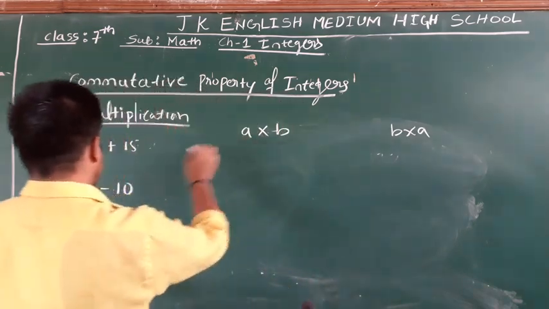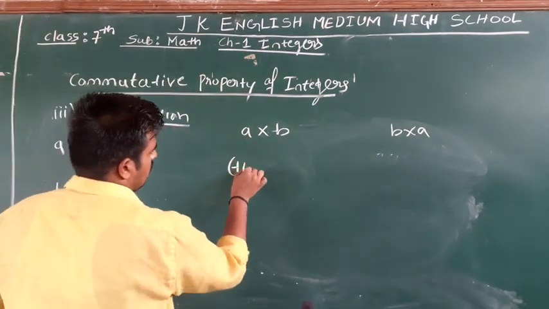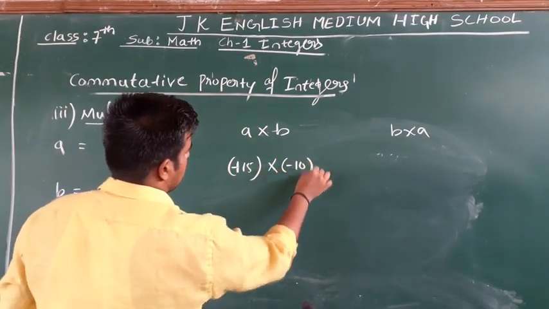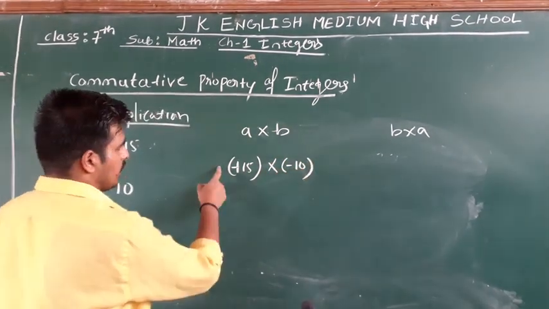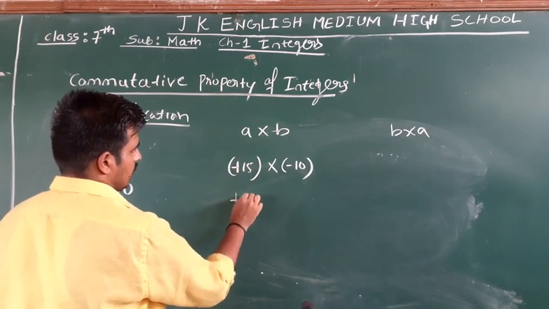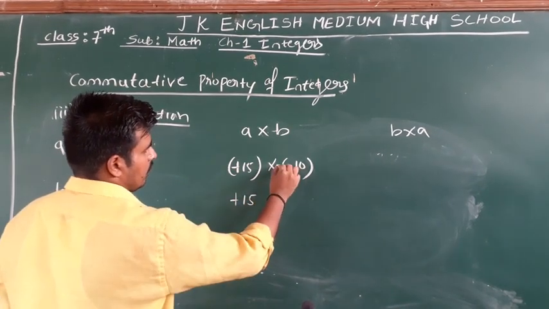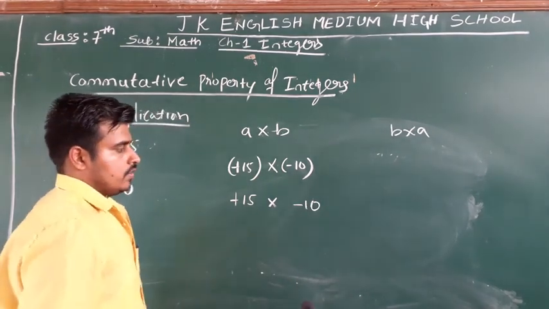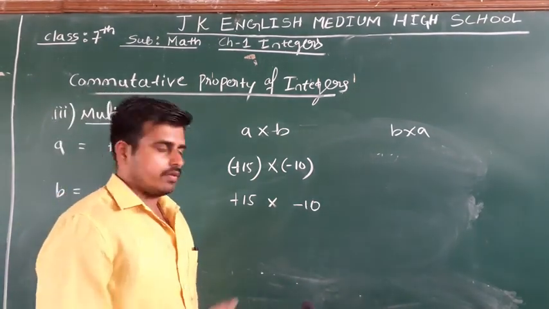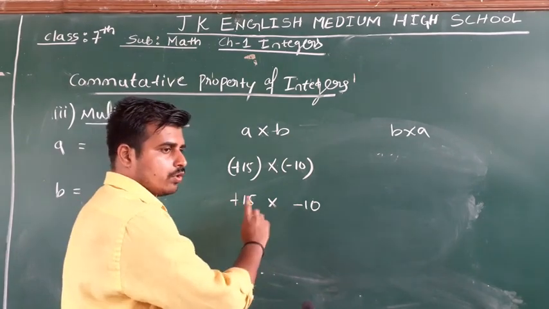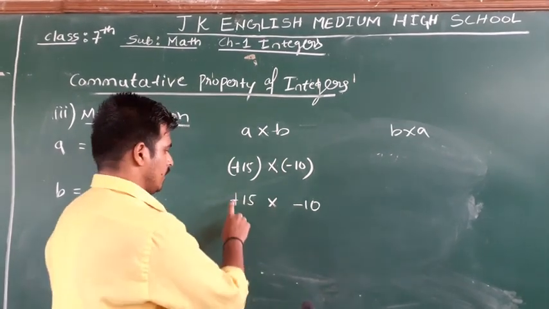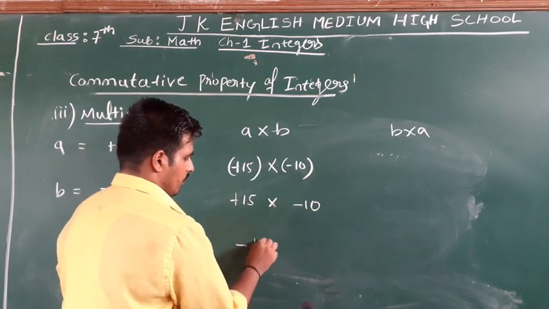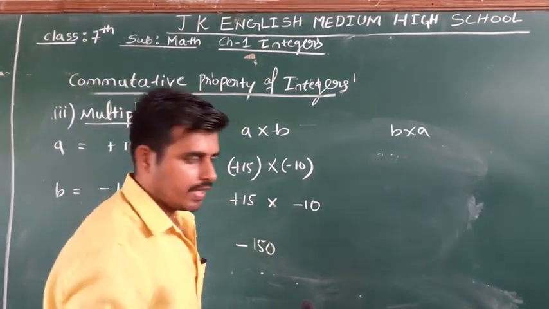Let's try. Substitute. Plus 15 into minus 10. First open the brackets, plus into plus, plus 15, plus into minus, minus 10. As we learned last time, while multiplying any two numbers, first we need to multiply their signs. Plus into minus is minus, 15 into 10 is 150. So our answer is minus 150.